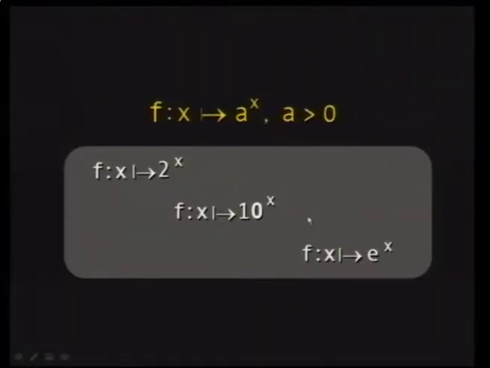And usually you find it under 3 situations only, where a is equal to either 2, like, for example, in computer studies, where you deal with Boolean algebra and 1 or 0, the two possibilities, and 10 to the power x also, because you are counting, you have 10 fingers, and then you have e to the power x, which is the most reputed.